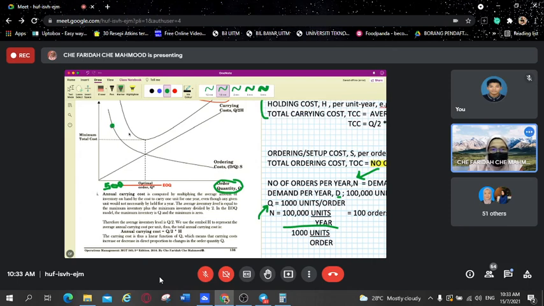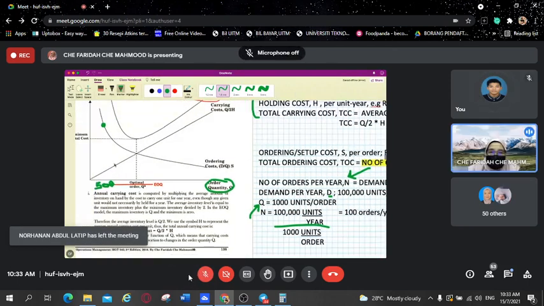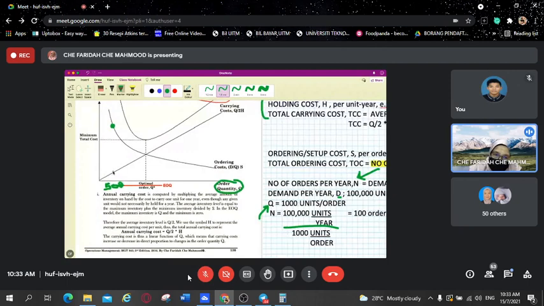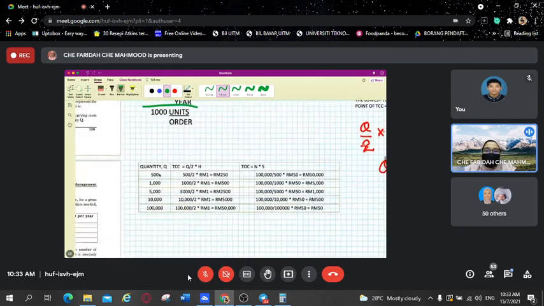Betul tak? Are you okay? Okay, betul. Tapi carrying cost kita rendah. Tengok, kita rendah je, because kita simpan sikit dalam store kita. But let's take a look at this one, as we increase the order. Now, next, katalah order ialah 1,000. When I order 1,000 from adik, take a look, my carrying cost is increasing to 500. But my TOC is 5,000.